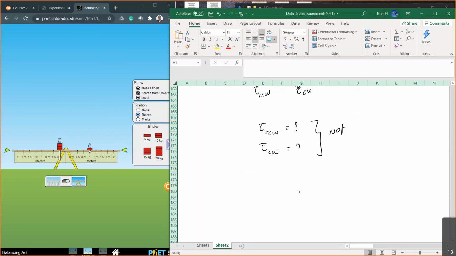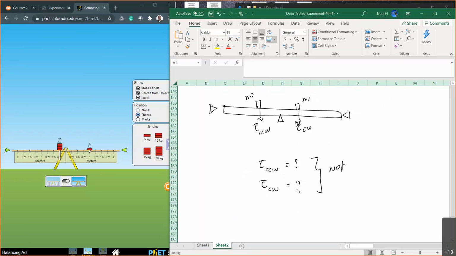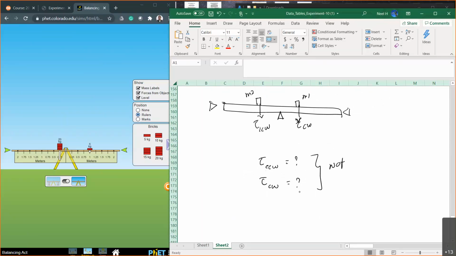Then I can write, if I want to bring this back into the level position, then I know the sum of all the torque must be 0 around the fixed point. Then depending on which one is lower, I may need a third force. So let's say the third mass I am adding right here. Let's say that is M3. So the M3 times g, downward direction, will create the new torque in the counterclockwise direction, torque prime.